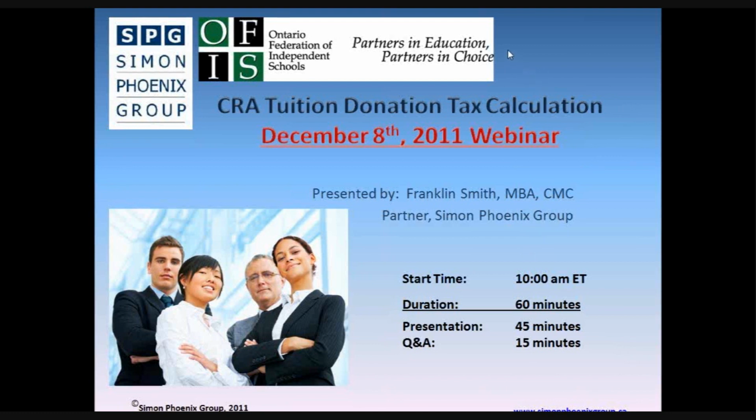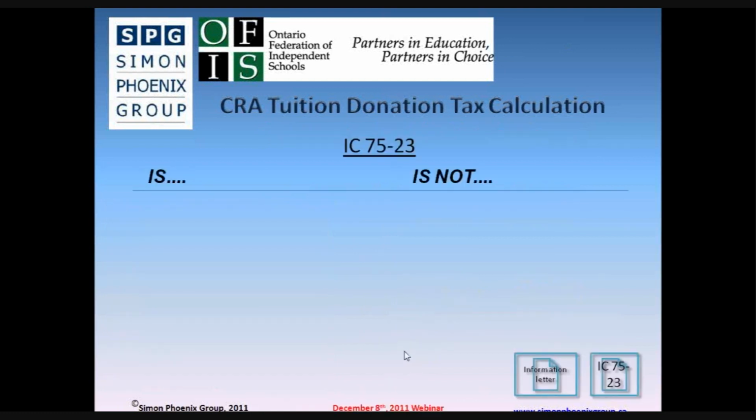So let me then formally begin. We're here today to talk about the CRA tuition donation tax calculation. This calculation has as its ultimate basis a document that was put out by the Canada Revenue Agency back in 1975 called IC 7523.